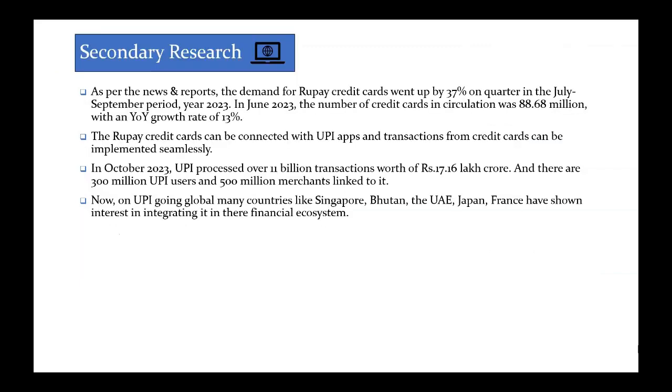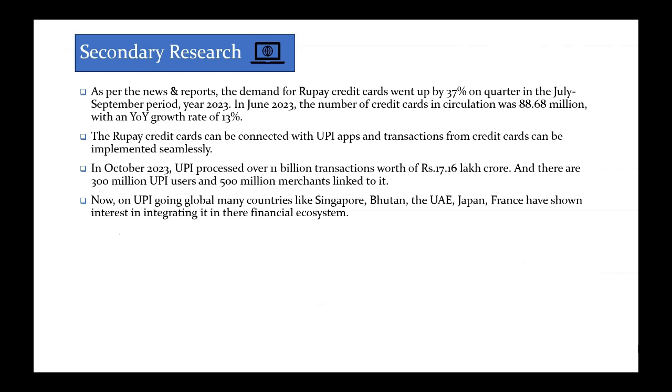Now, for giving recommendations, before jumping on that, I would like to let you know about my secondary research. This research has identified two major points. First is about the increasing demand of the RuPay credit cards, because the RuPay credit cards are easy to get connected with UPI apps, and then the payments can be done very seamlessly.